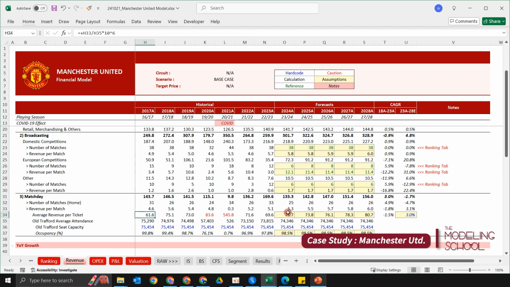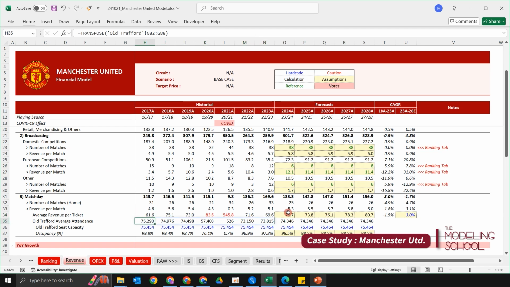But revenue per match seems relatively very stable, mostly because the average revenue per ticket in Old Trafford didn't increase that dramatically. In other words, if you do a little bit more research, the ticket prices were quite stable over the years.